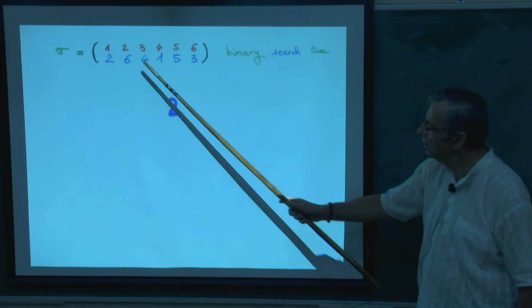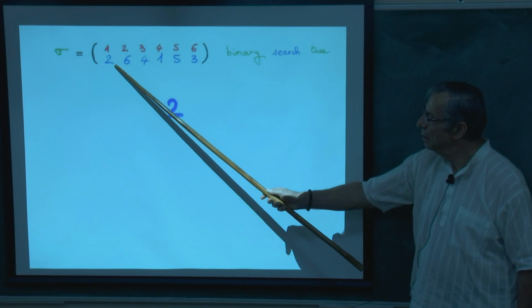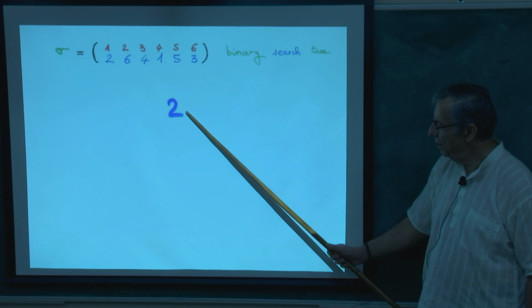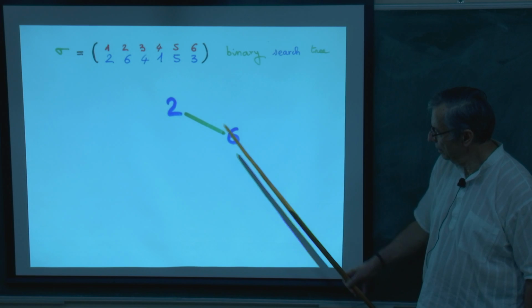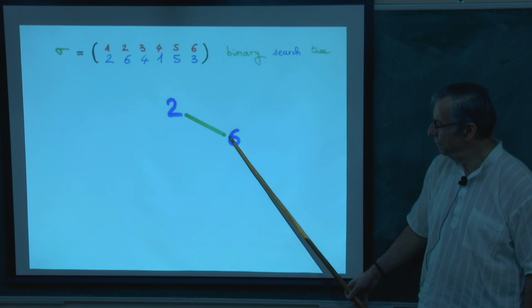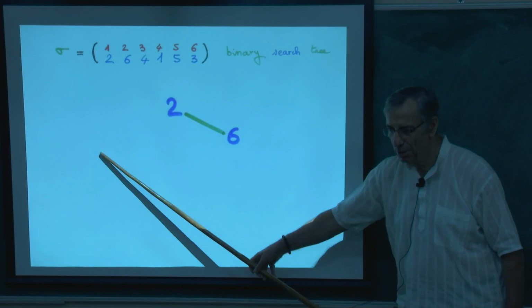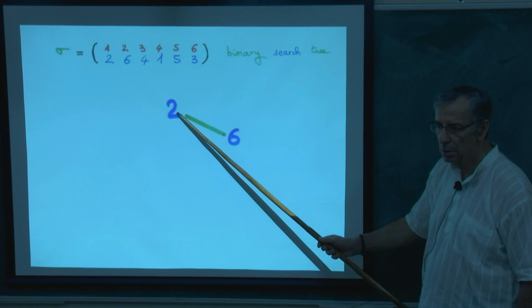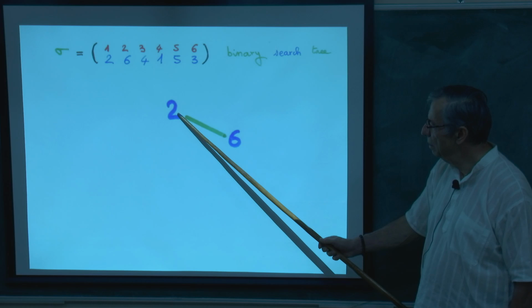You start by reading the first letter. Then you read the second letter, 6. 6 is bigger than 2, so we put 2, 6 in the binary tree with 6 on the right of 2. If 6 was less than 2, it would be on the left. Now I go to 4. I compare 4 to the root. It's bigger than 2, so I go here.